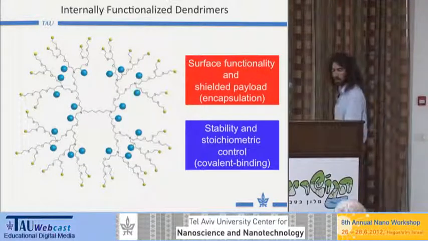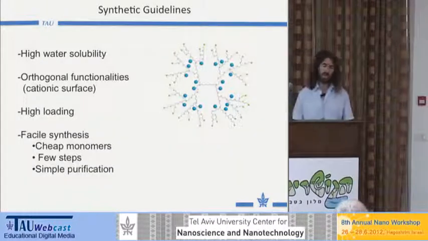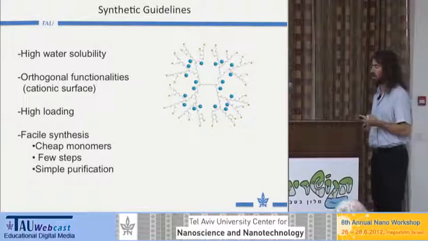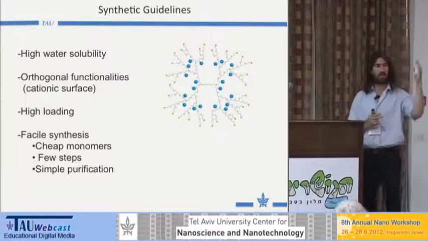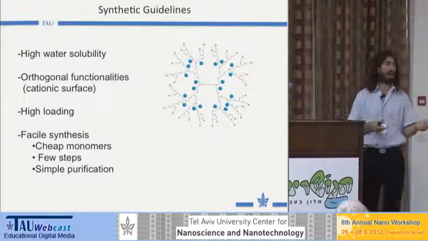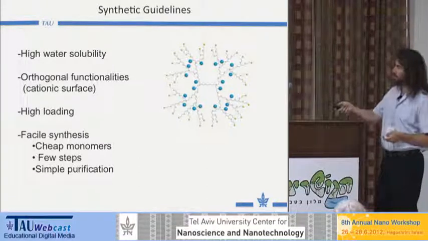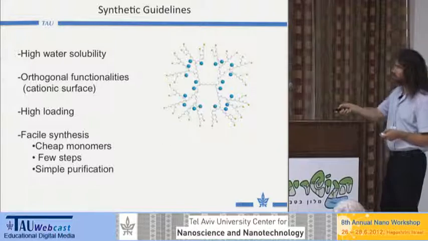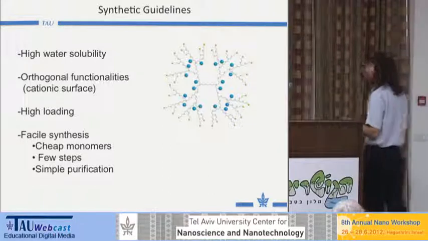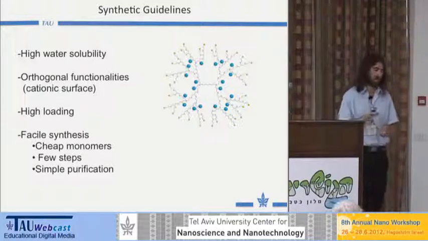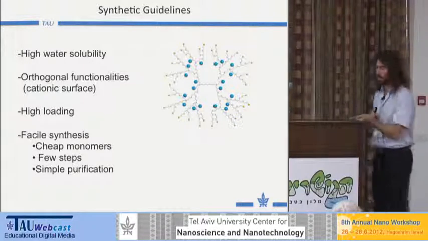So to synthesize this, obviously we wanted to have a dendrimer or a dendritic carrier that is highly water-soluble, that has orthogonal functionality on the surface and the interior. We want to have high loading. And I think as important, it needs to be very easy to make. In order to achieve some of these goals, we decided to look at a slightly different methodology for designing dendrimers or synthesizing them.